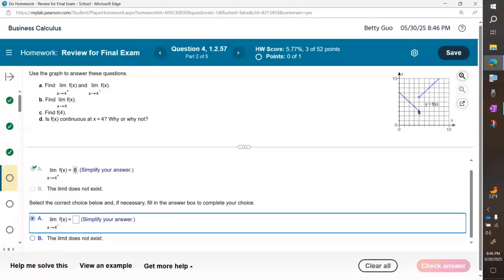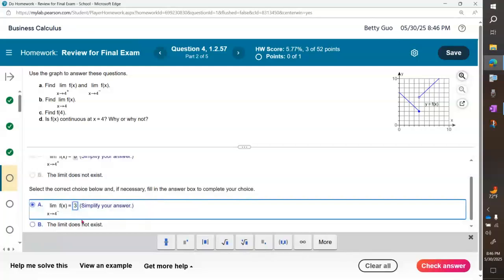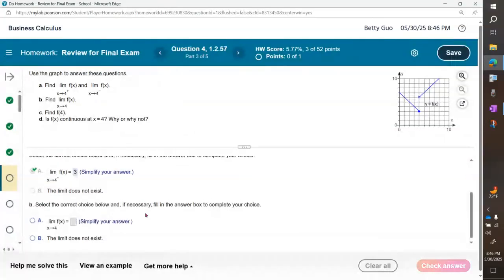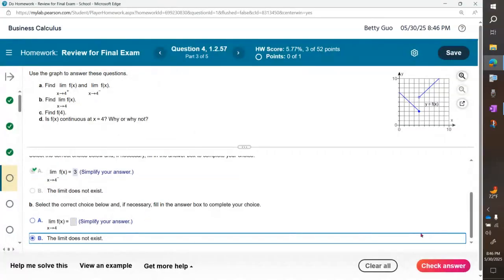Left-hand limit, when x approaches 4, left-hand limit is 1, 2, 3. 0, 1, 2, 3. Positive 3. As I mentioned, left-hand limit and right-hand limit are not equal, so the limit does not exist.